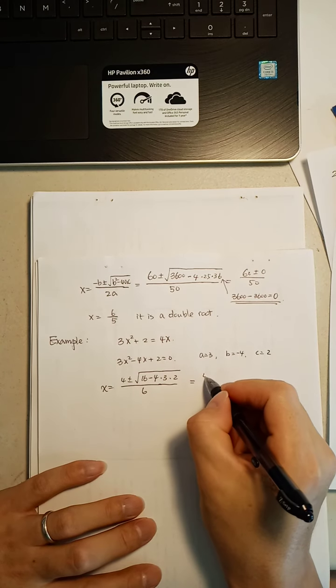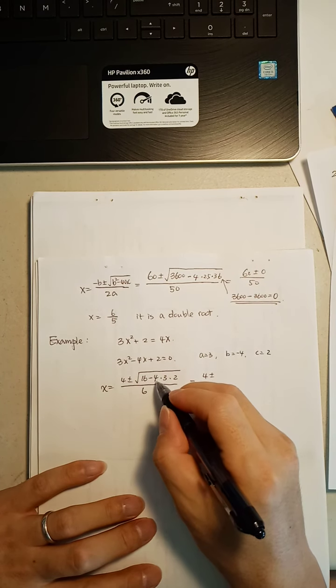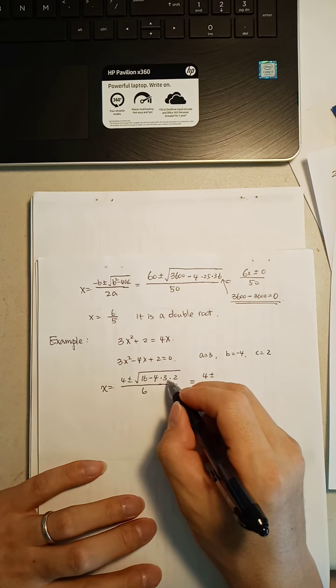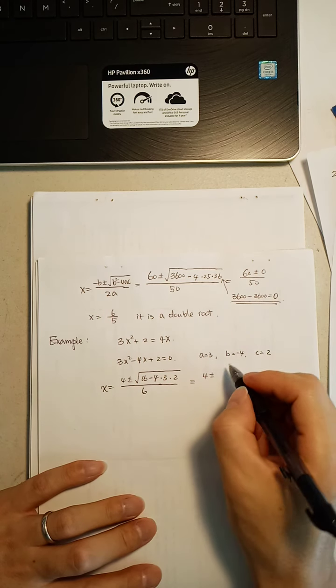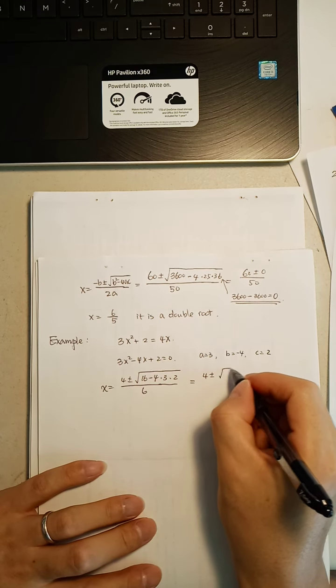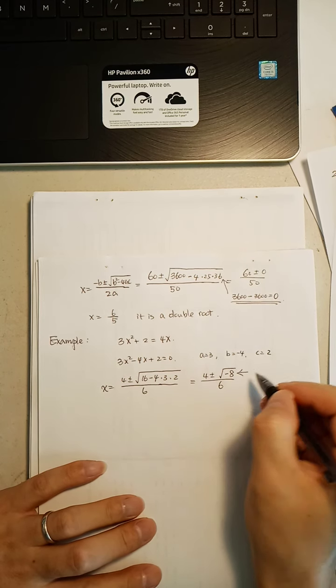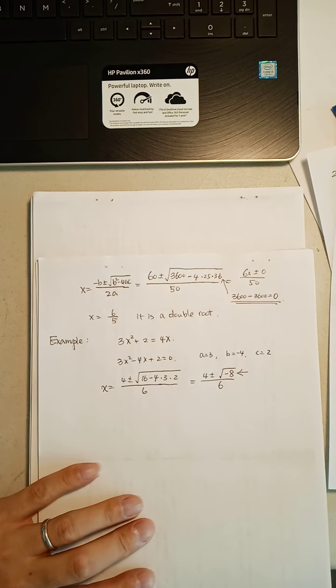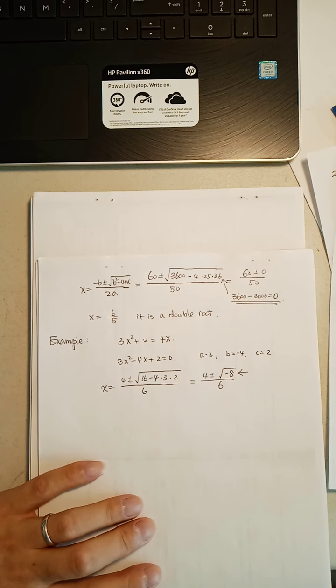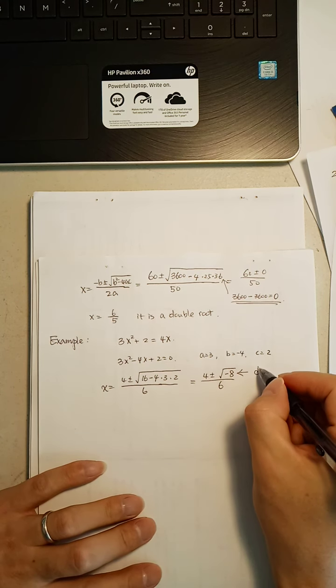Well, 16, 4 times 3 is 12, times 2 is 24. 16 minus 24 is negative 8. We don't have a square root of a negative number. The square root of a negative number does not exist.